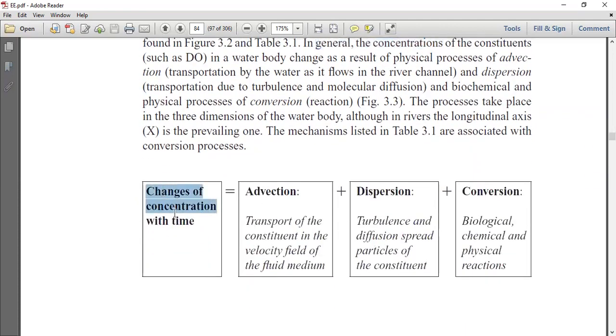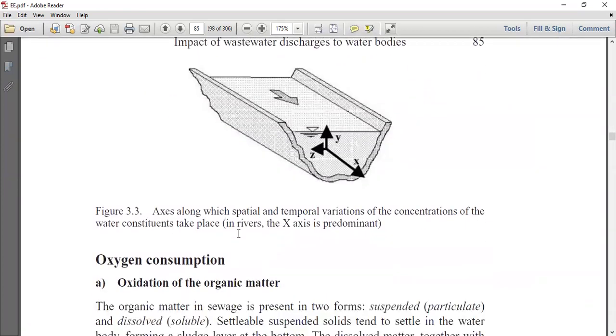So the change of concentration with time depends on advection, dispersion, and conversion. Advection is the transport of the constituent in the velocity field of the fluid medium. Dispersion: turbulence and diffusion spread particles of the constituent. Conversion: biological, chemical, and physical reactions.